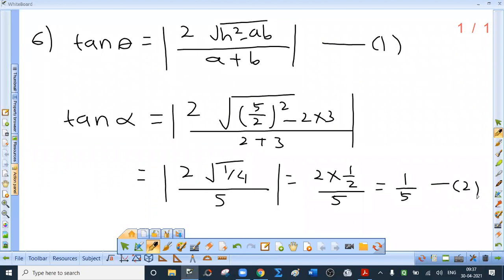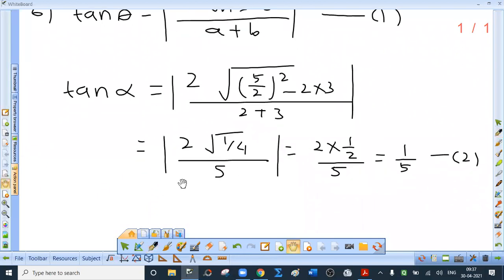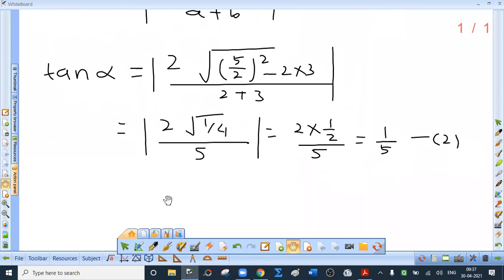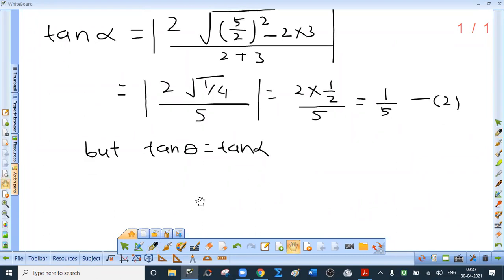This is second equation. But I have to say tan theta equal to tan alpha, because we are given that angles are same, so the tangent ratios will be the same.